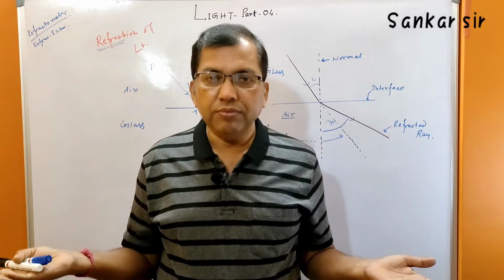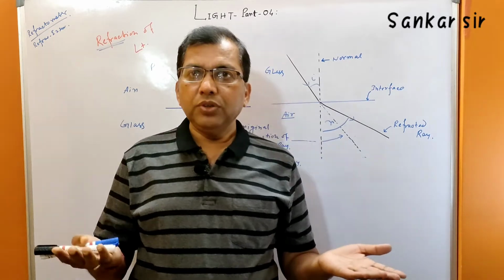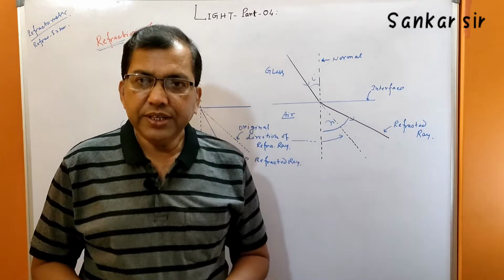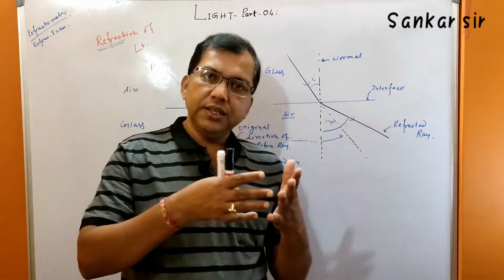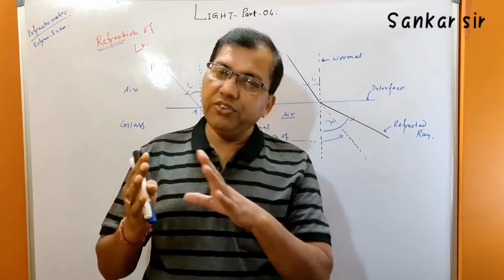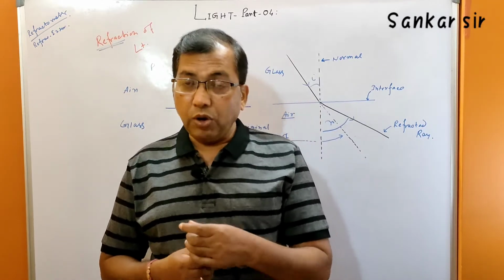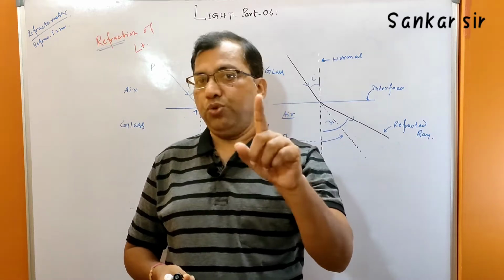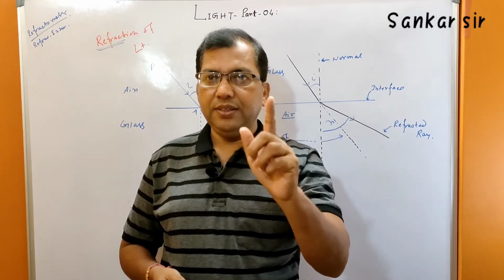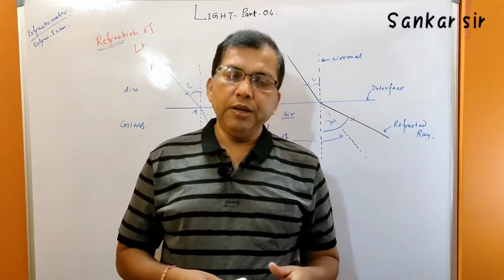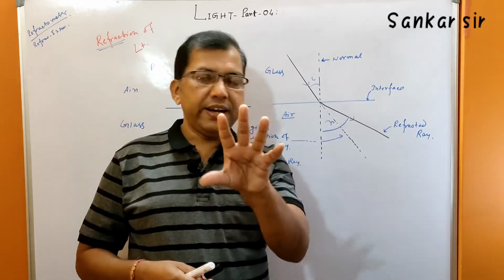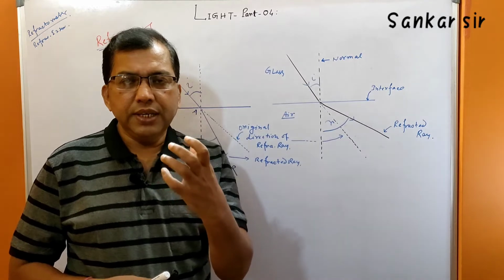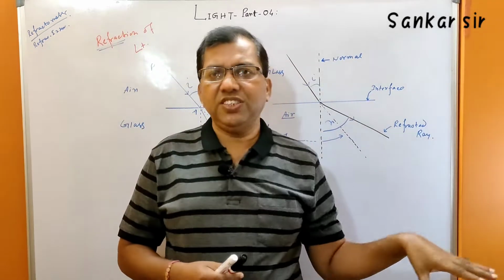What is an optical medium? What is optical density, and what is the difference between optical density and normal density? The optical density of a medium is directly proportional to its refractive index. Optical density is the ability to refract light.